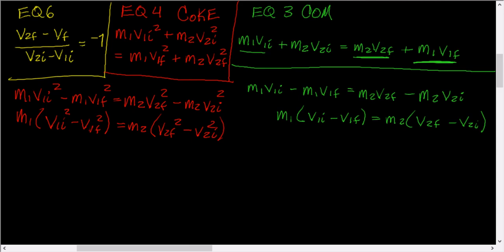Okay, now if we divide the two equations into each other, we'll cancel out the masses. And you can figure out which one of these equations should be the numerator and which one should be the denominator, because you know the final equation is in terms of just the velocities. So if we divide equation 3 into equation 4, all the masses will cancel, and the v squares will be turned into just regular v's. So let's see how that happens, actually.